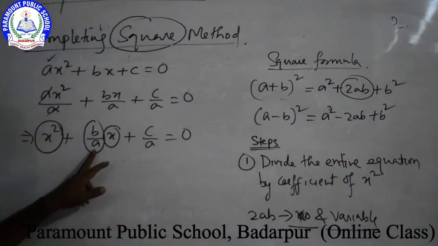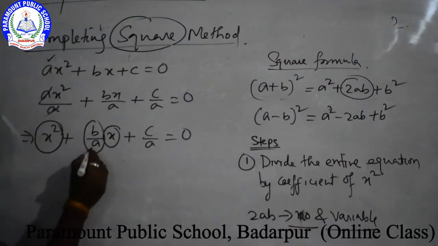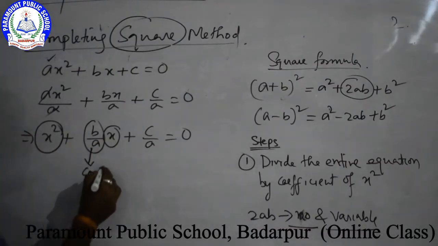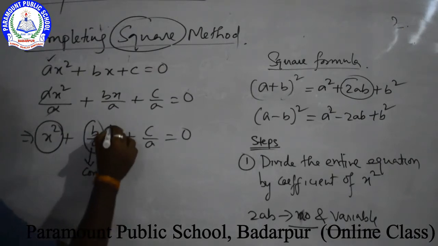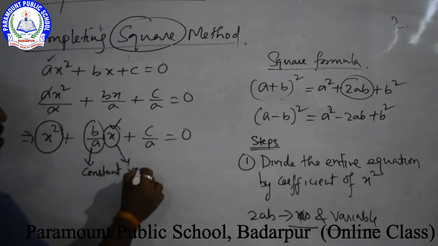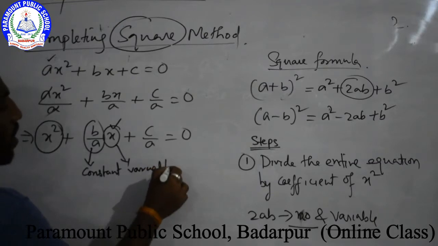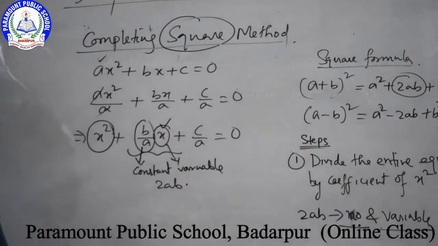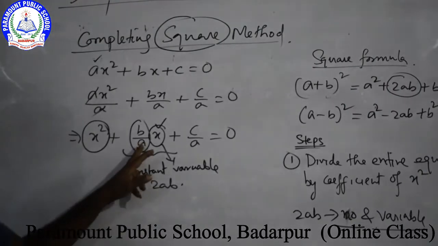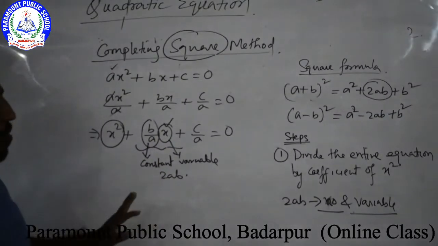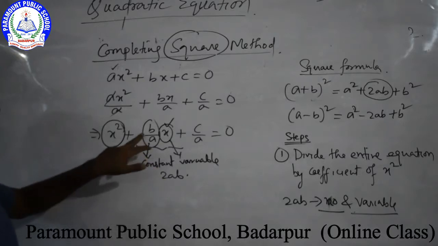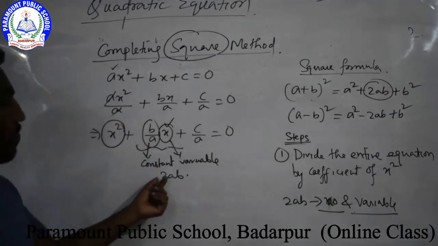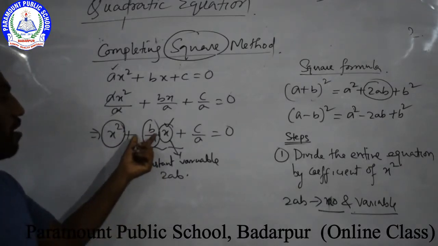This term contains b by a as a number. This is a constant value, so we can call it a number. And this is our variable. So we can see this is in the form of 2ab. First of all we have to convert this into the form of 2ab because we don't have 2 in this factor and we need 2 in this given term.